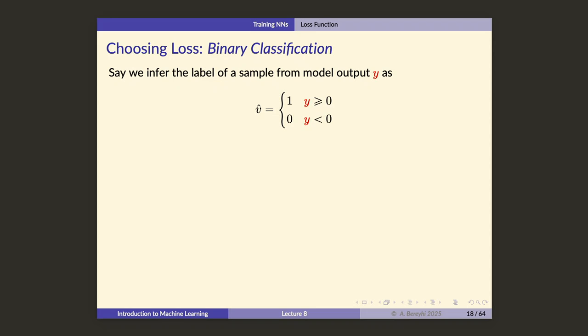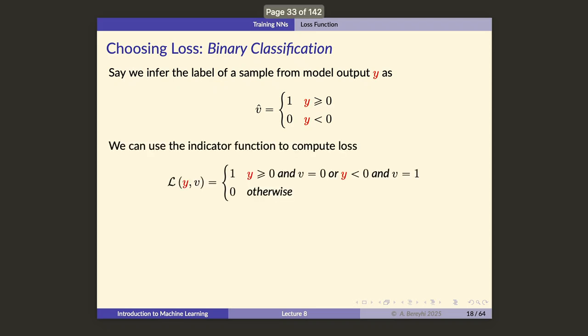One naive approach to define the loss function is to simply check whether I'm wrong or right. So the loss between what I have concluded out of y and the true label v is an error when the label that I am concluding is different from v, okay? So if my y is more than half, but the true label is 0, then I'm going to infer that the label is 1, even though the true label is 0, so I'm going to have an error, right?